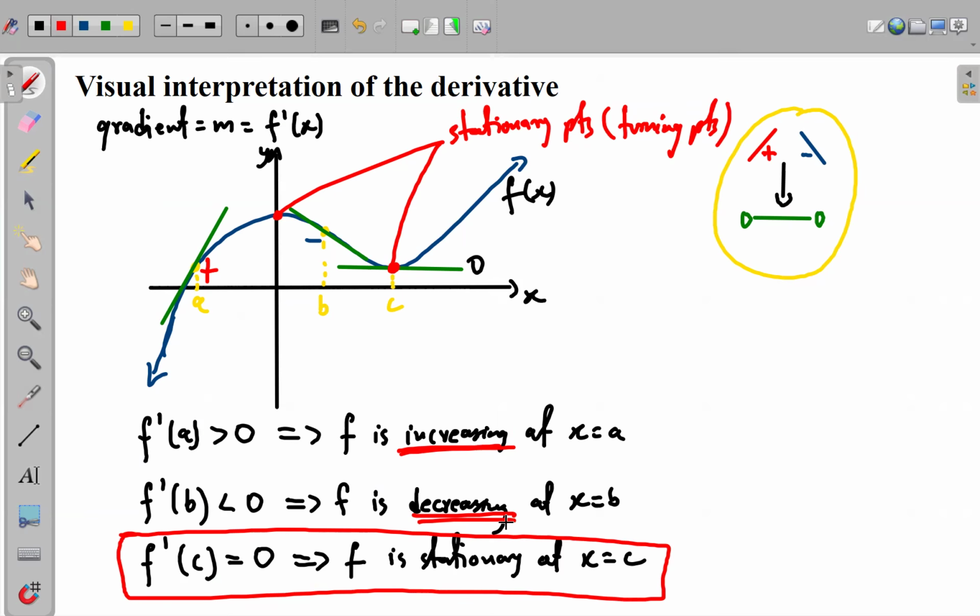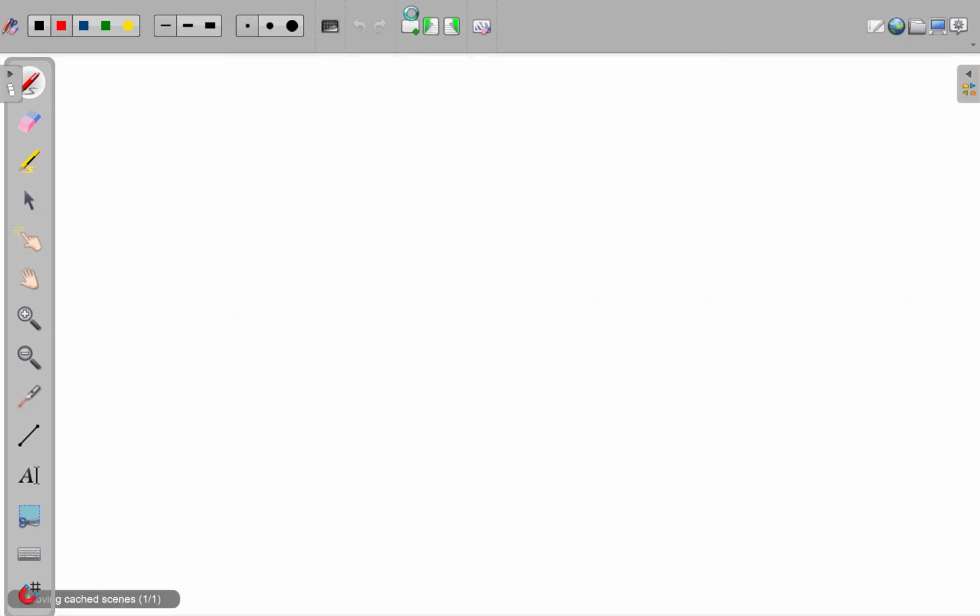So what I'm going to do now is look at some examples to make sure that we understand what I have just shared.